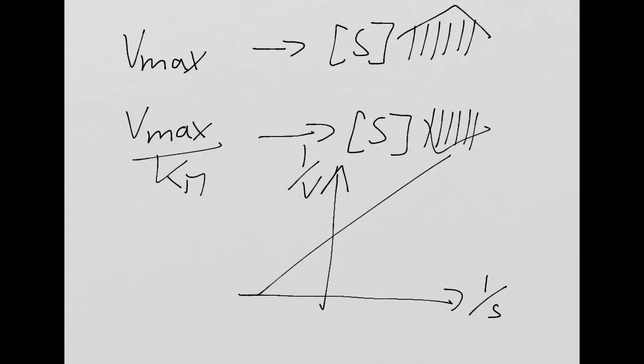Yeah? Coming back. What is this point here? 1 over Km? 1 over Vmax? What else? This point here is, you're absolutely right, 1 over Vmax.